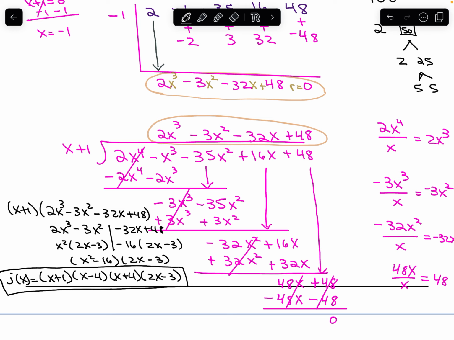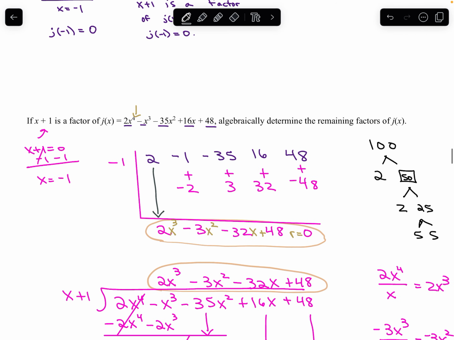So you might say to me, well, what's the point of using synthetic division or long division? Why didn't we just factor the polynomial j of x originally? So if you look back up to this polynomial j of x here, there are 5 terms. So we wouldn't be able to easily factor it by grouping. So because we knew x plus 1 was a factor, if we use synthetic division or long division to divide by that factor, our hope is that we would get a polynomial that we then could factor further.